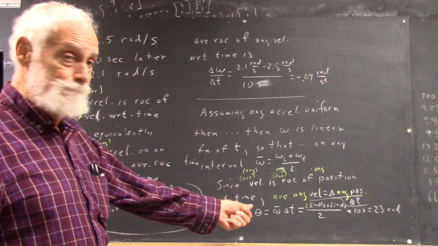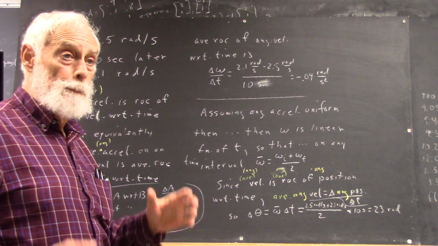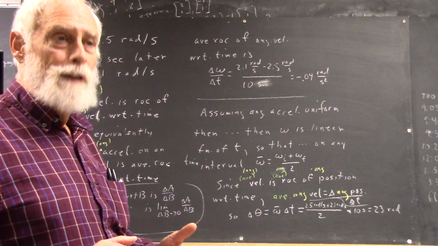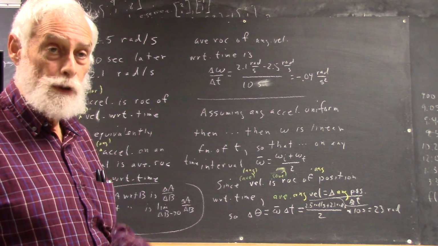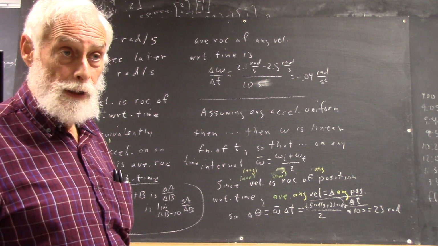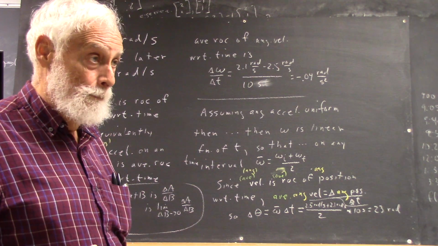So, this is how we do things based on definitions, and we develop a better intuition about what velocity, acceleration are and how they're related to position and one another, okay? We develop an intuitive understanding rather than an equation understanding, a formula understanding, okay?